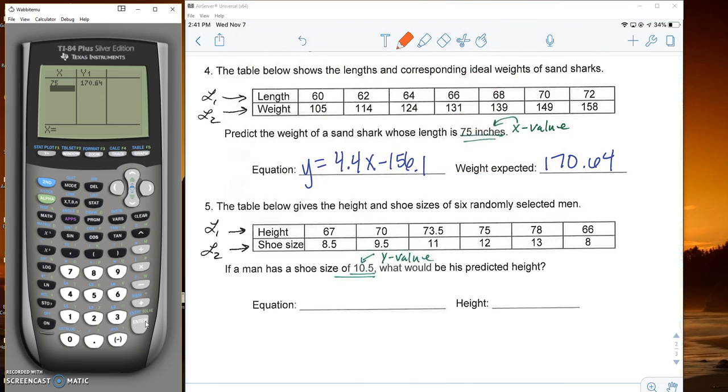And for the last problem, the table below shows heights and shoe sizes. So I'm going to go back to stat edit because I can't get an equation without it.